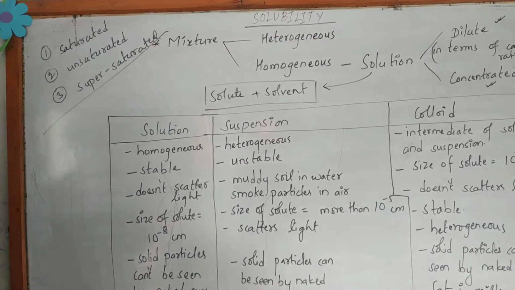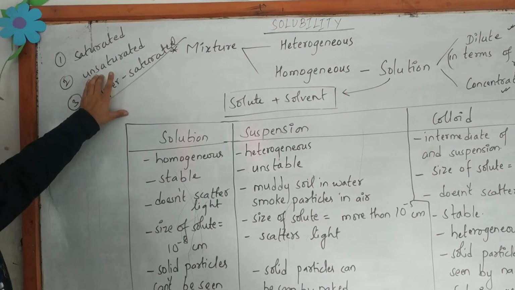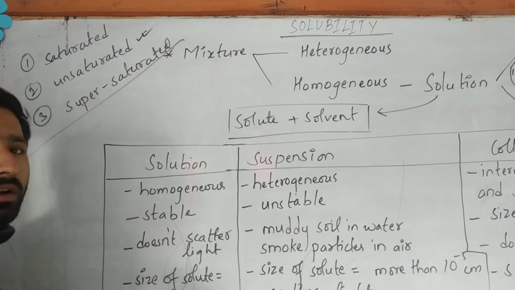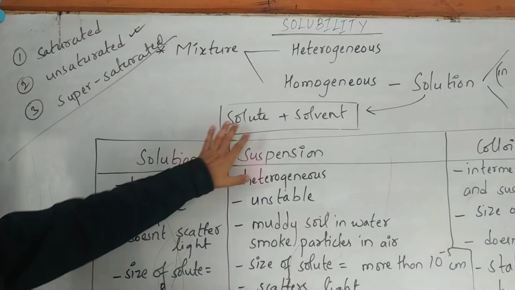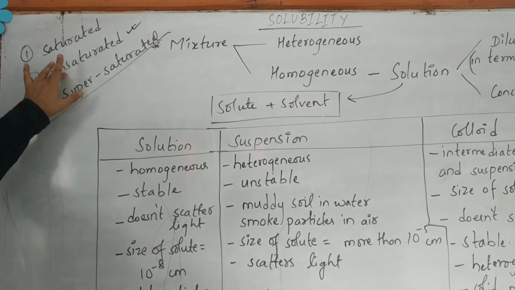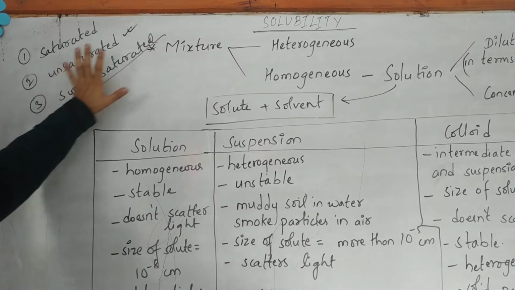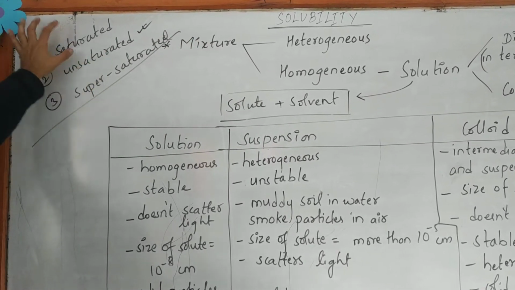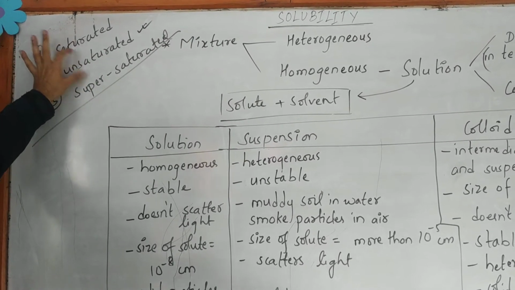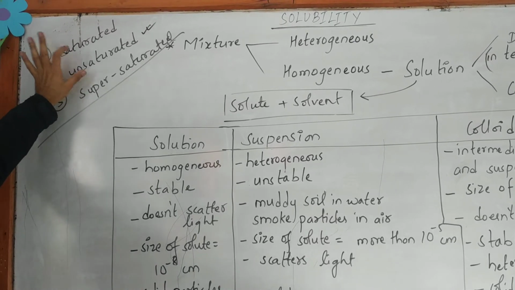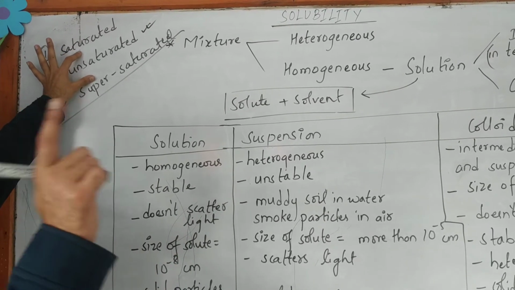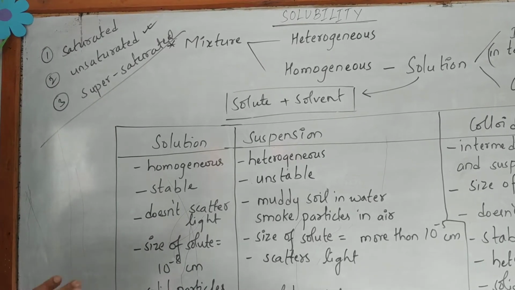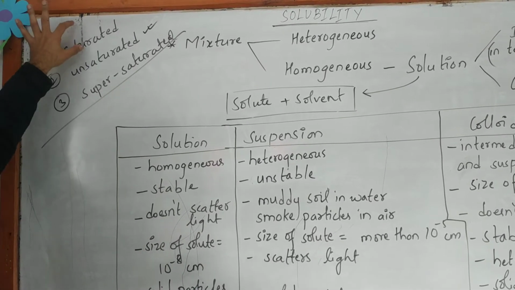Now first let's move to unsaturated. That means the solution which can dissolve more amount of solute. Let me repeat again. The solution which can dissolve more amount of solute, that is called unsaturated solution. Now again, if we go on adding solute to the unsaturated solution, there comes a point at which the solution doesn't dissolve the solute any more.